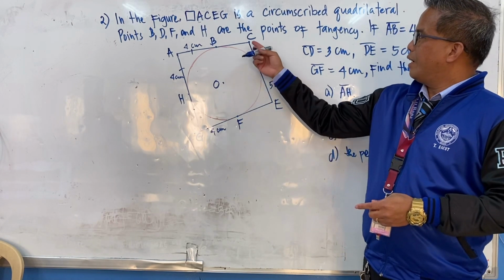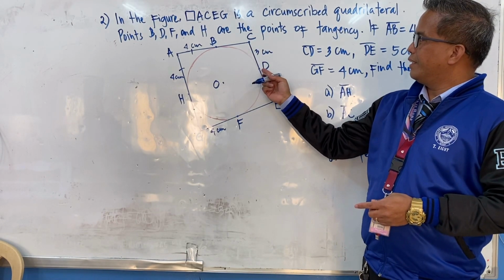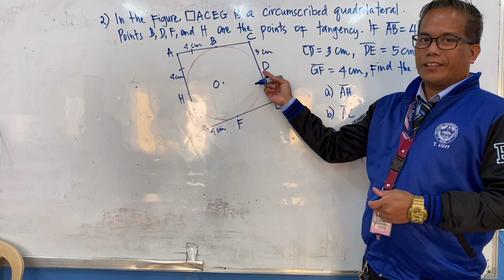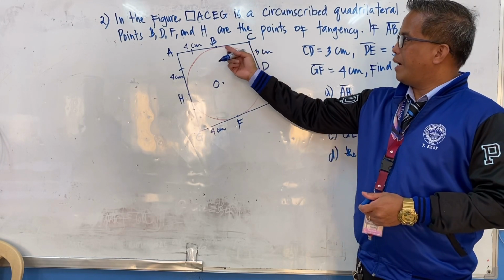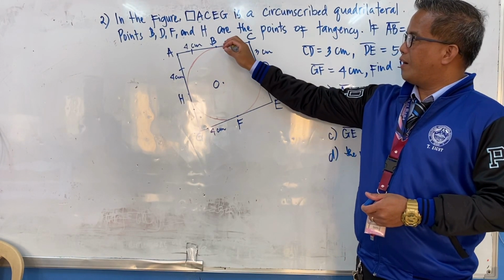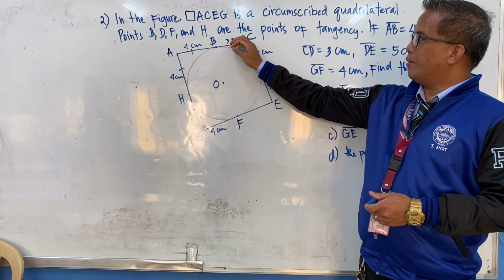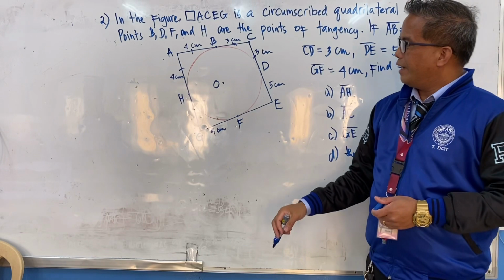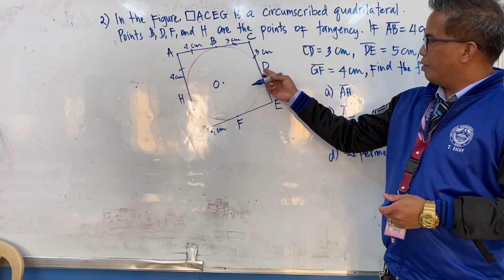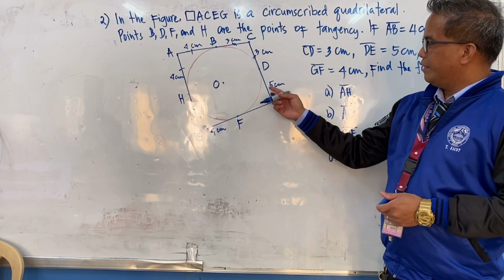And if we have segment CD, so this is tangent, then another tangent here, so they are also equal. So we have 3 cm also here. And then segment DE is a tangent.